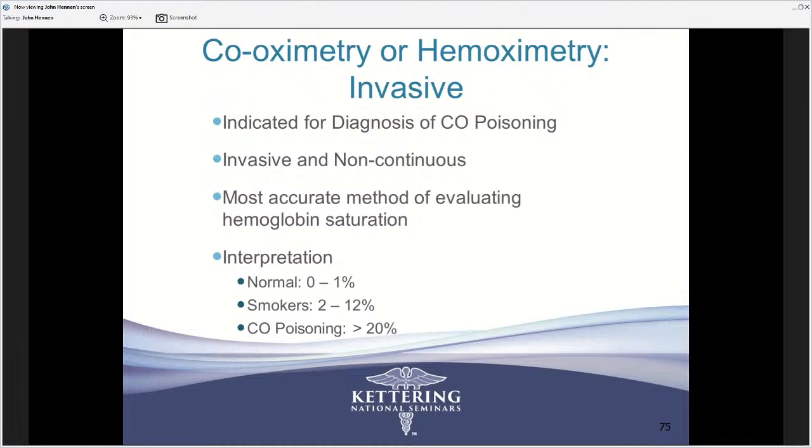Letter H, this is an invasive and non-continuous measurement, so you have to draw the blood gas. You just draw the blood gas like you normally do. You're just running it through a different piece of equipment. However, I will qualify that by saying that many hospitals have one machine that has a built-in co-oximeter. So while you're getting your blood gas, you may be getting your co-oximetry or hemoximetry reporting out at the same time.